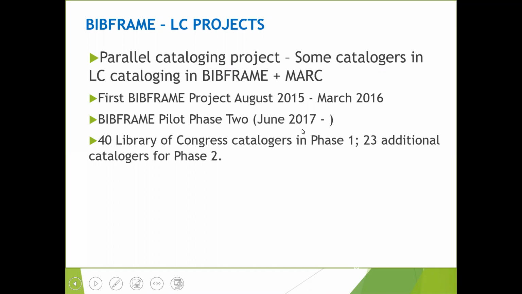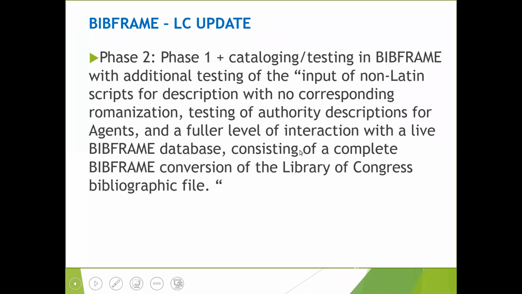So LC started a project around 2017. It continues on. And in this phase 2, they took everything that they had done initially and they added people to it. What they are doing now is testing in BIBFRAME with additional testing of the input of non-Latin scripts when there's no corresponding romanization.